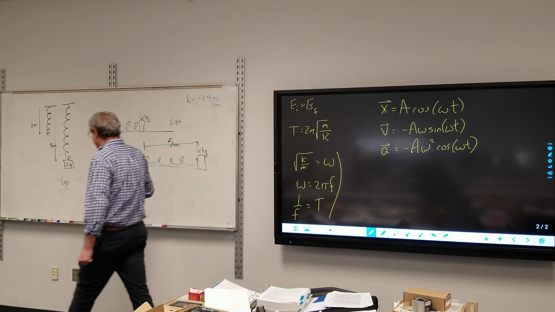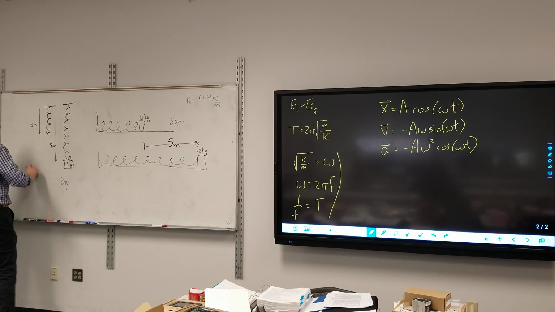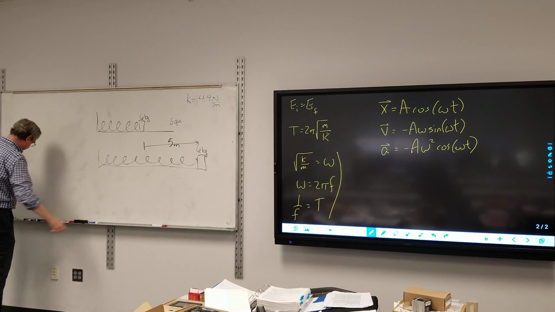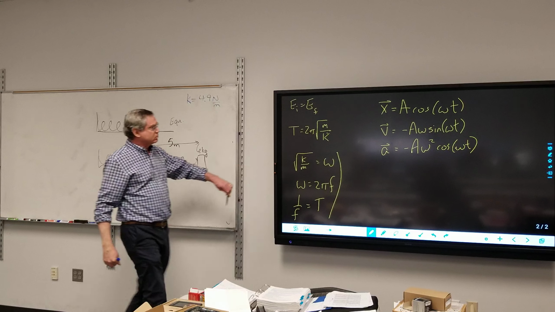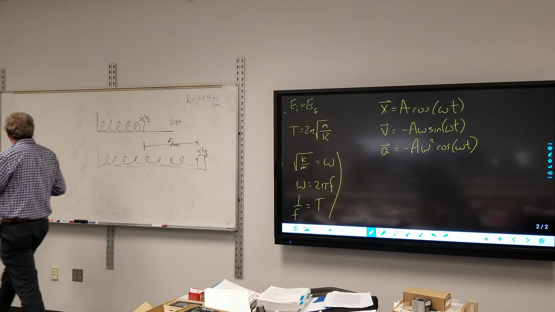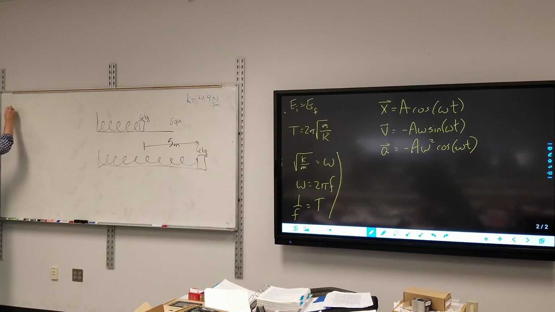All right, so in this particular case, we don't need this anymore. We'll save the conservation of energy for later. Why don't we start with omega? What is omega? Root k over m. In this context, what is omega? Angular frequency.